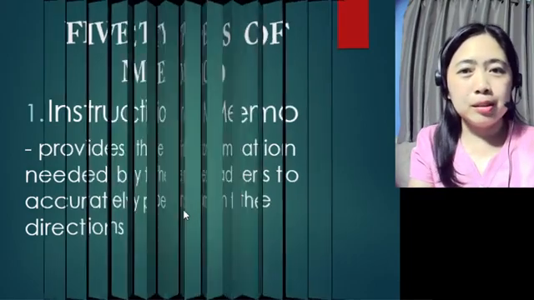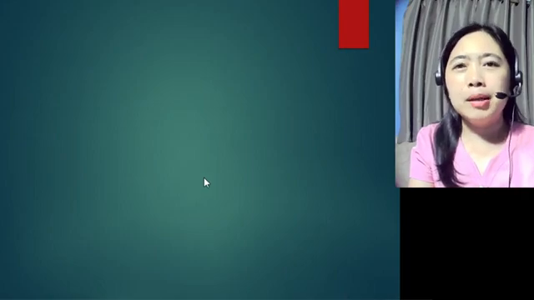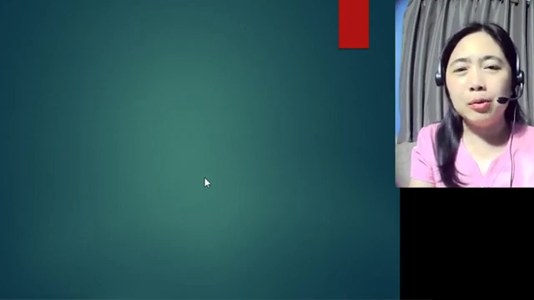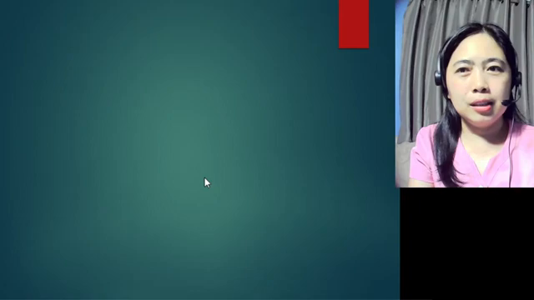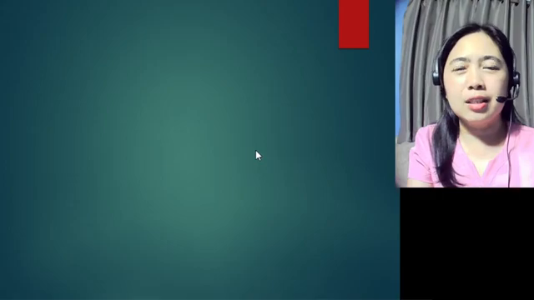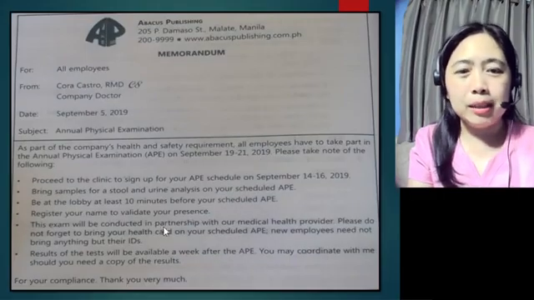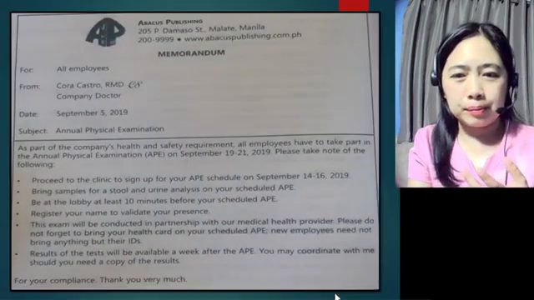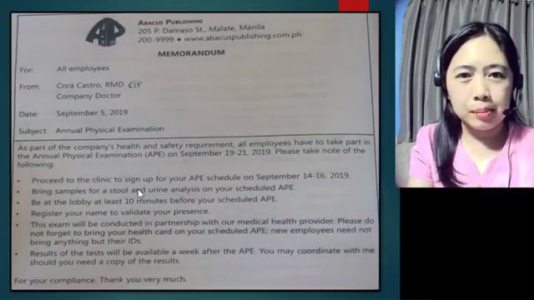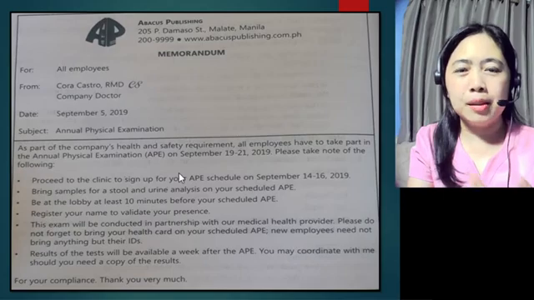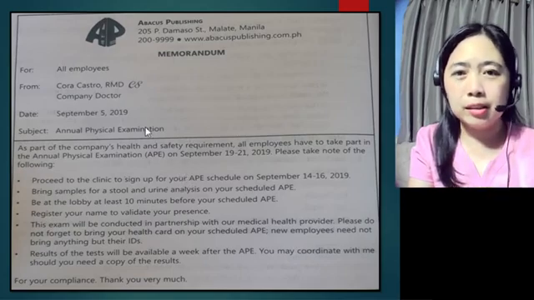Remember the example I mentioned last time, where the building is having an earthquake drill and what instructions to follow before, during, and after the drill. But in this case, the example is about the annual physical exam for all the employees of a certain company.